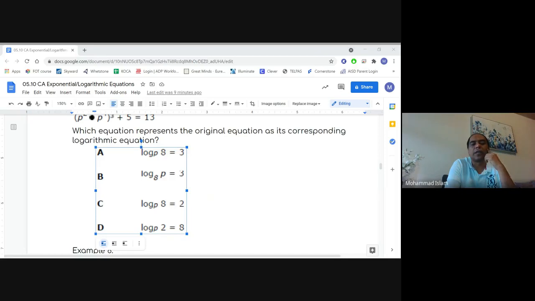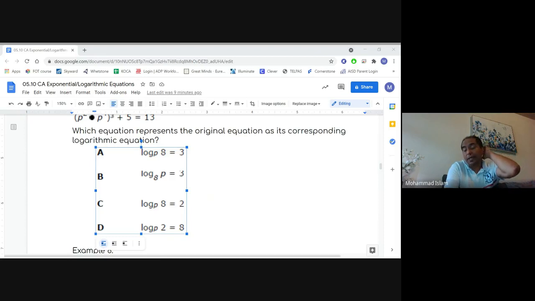So what you do is you take this 5 to the other side, and for that you need to subtract from both sides. So you will get 13 minus 5, and that is going to be 8. Very good. Now, once we have this 5 taken care of, we can also see p to the 4 and p squared, and they're multiplying.